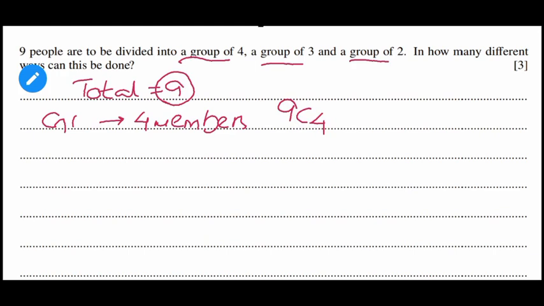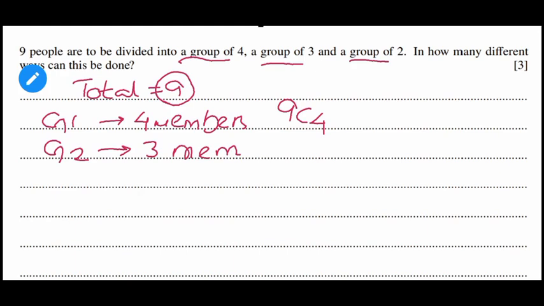Yes? Okay. Now let's go for the second group. Second group consists of 3 members. From how many members should this 3 be chosen? Is it 9?